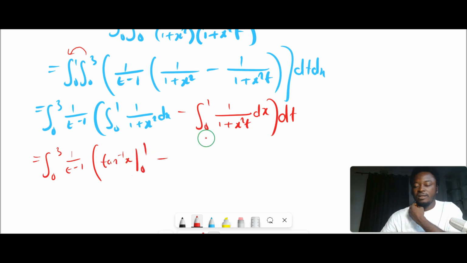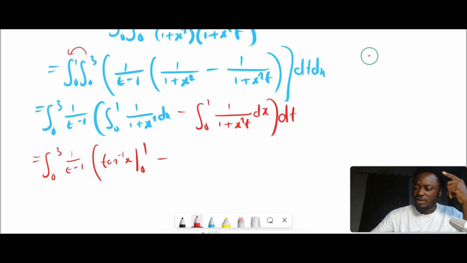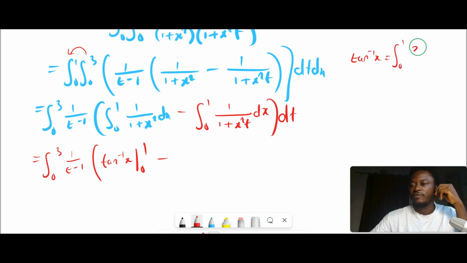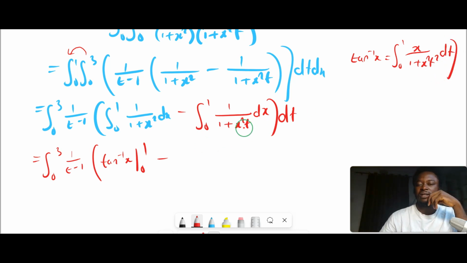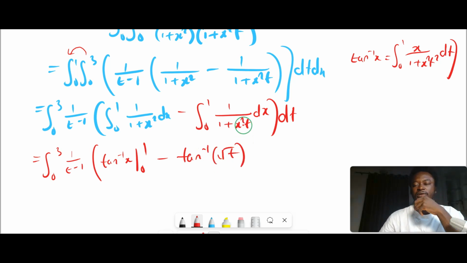And over here, if you remember the formula for tan inverse, which I've used a lot on this channel, tan inverse of x is equal to the integral from 0 to 1 of x over 1 plus x squared t squared dt. So basically this will be tan inverse of square root of t, all divided by square root of t. So we're going to divide this by square root of t.